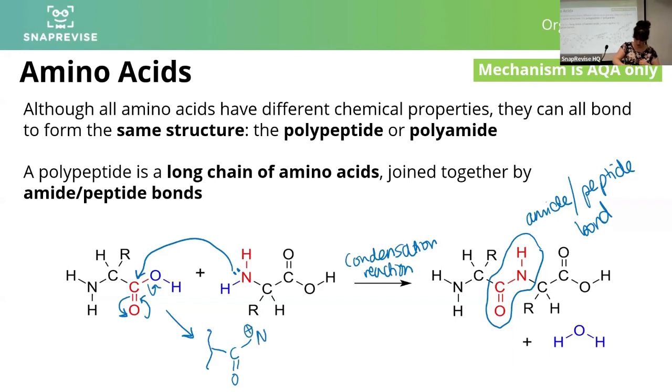The nitrogen has got 2 hydrogens attached to it, and that has got the rest of that molecule attached to it.